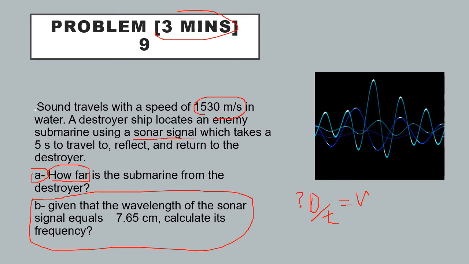You are given also the time, but think about the time. The 5 seconds is the time it took this wave to travel, reflect, and return. So actually the 5 seconds is not the time for the distance covered from the destroyer to the submarine.